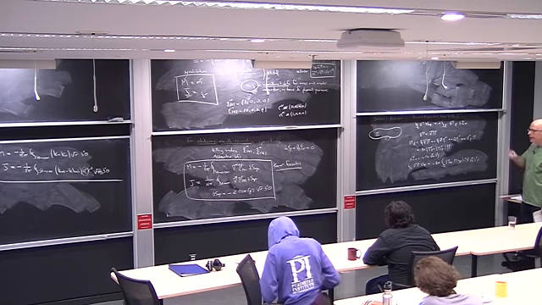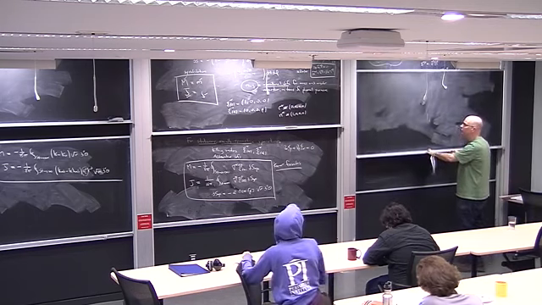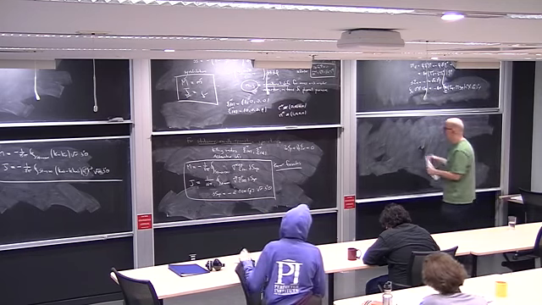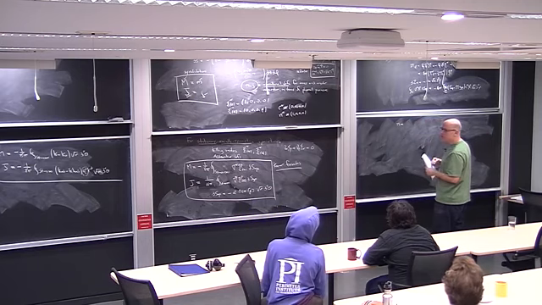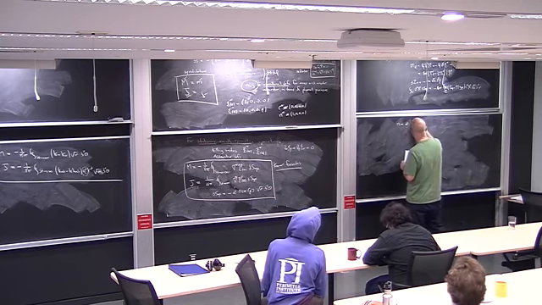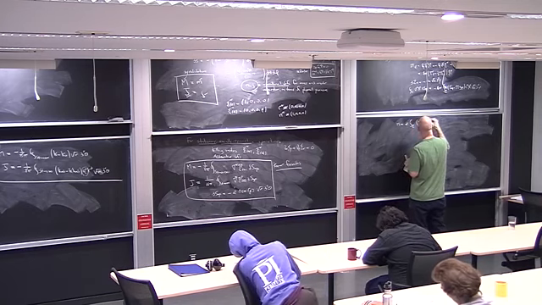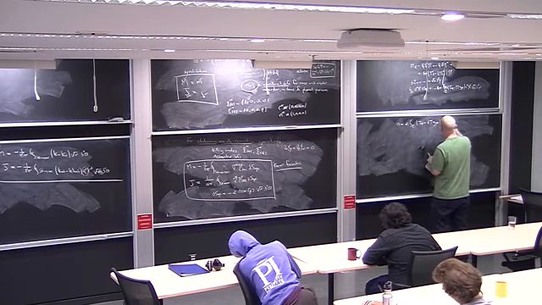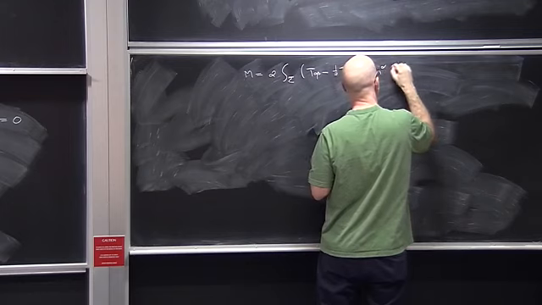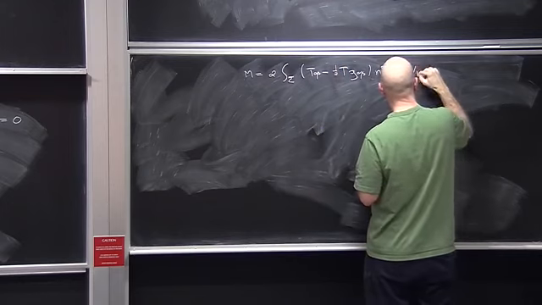And with that, I can re-express my mass as a volume integral definition. So the mass now becomes minus this over 8 pi. So I pick up a factor of 2, kill the minus sign. And now I'll indicate that my Killing vector was actually the timelike Killing vector.